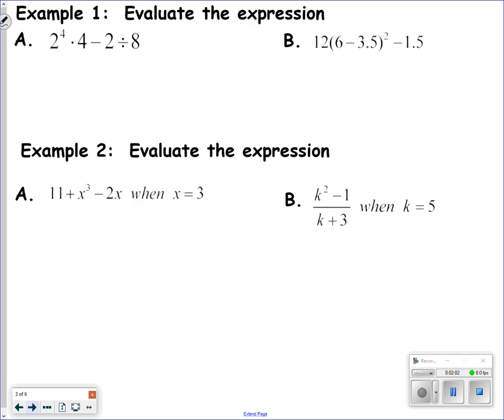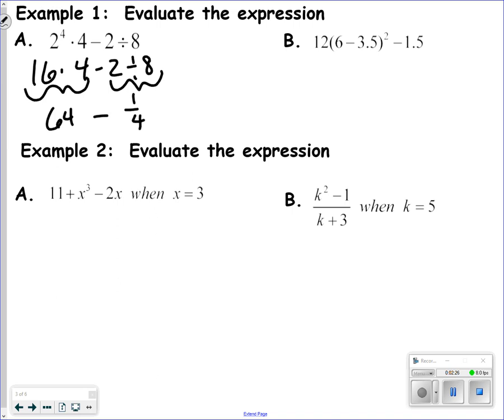So I'm looking at this question. There are no parentheses, no brackets, but I do see an exponent. 2 to the 4th power, 2 times 2 times 2 times 2, would be 16. Now, multiplication and division. I see a multiplication on the left-hand side here, and I see a division on the right-hand side here. Now, 2 divided by 8 is a fraction.